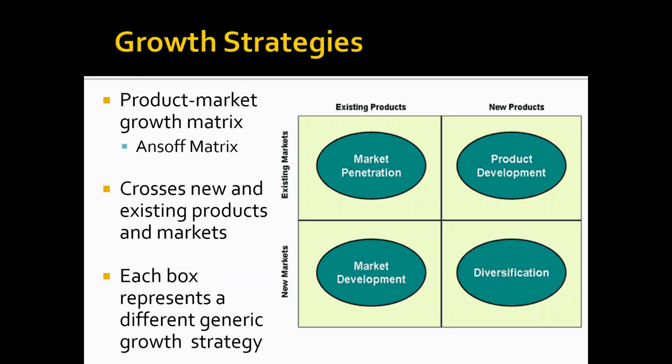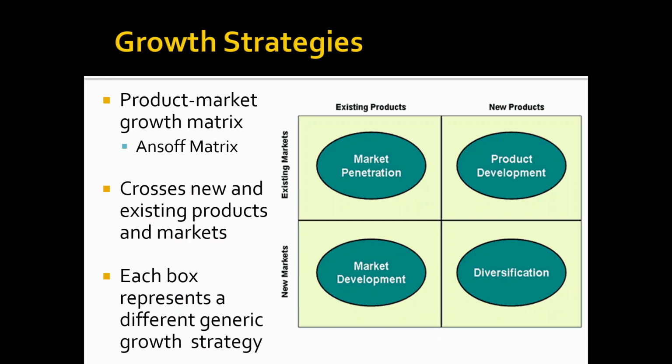The product market growth matrix, also known as the Ansoff matrix in management, is one way to think about how to develop growth strategies. And as you look at it, we can see that there are 4 basic strategies. But what the matrix does is look at existing products or brands that you have and the potentially new products or brands you could come out with.